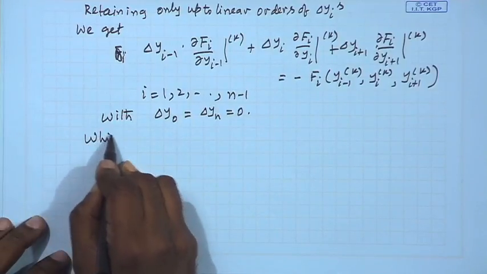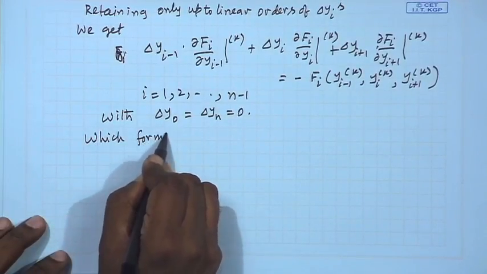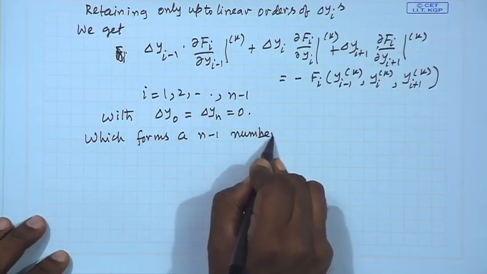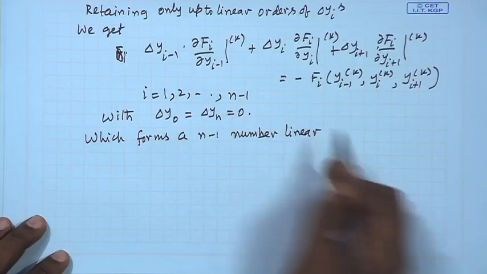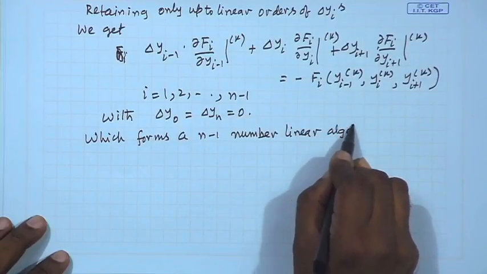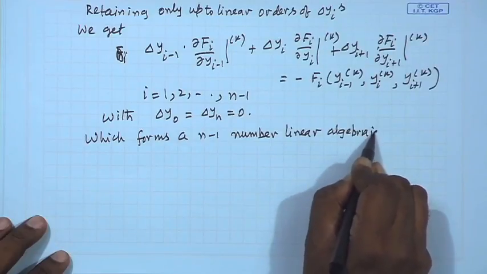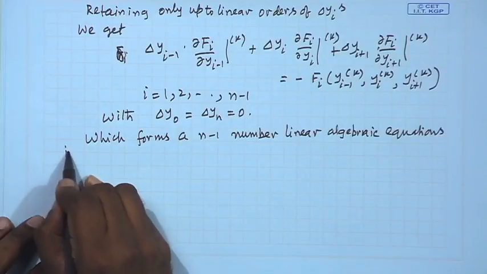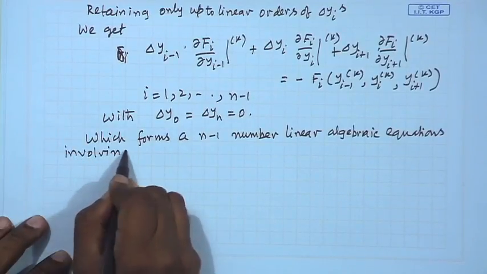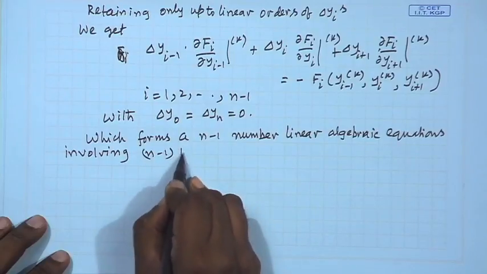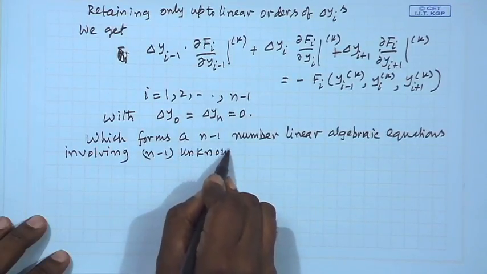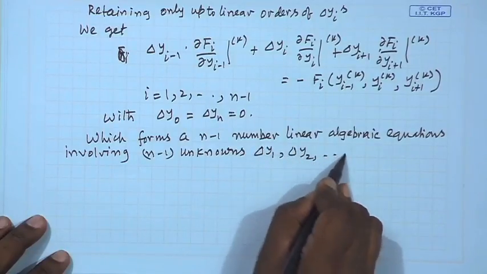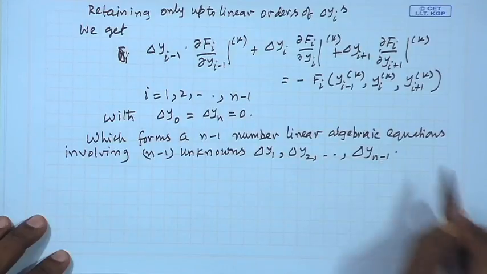So this forms n minus 1 linear algebraic equations involving n minus 1 unknowns, delta y1, delta y2 up to delta yn minus 1.